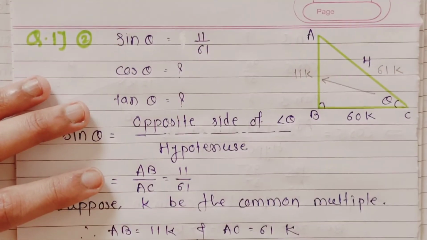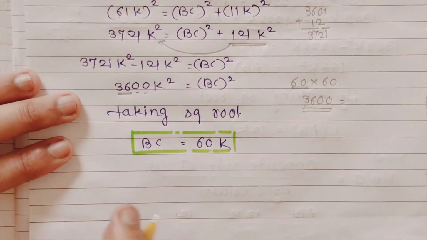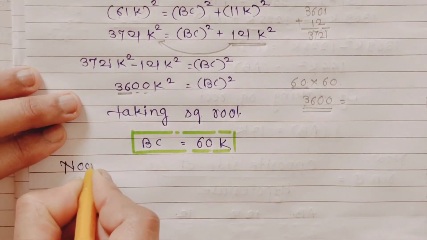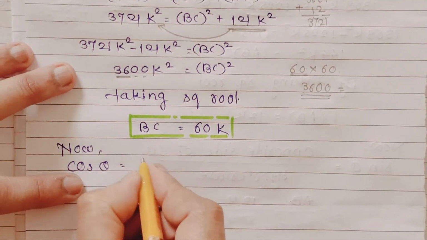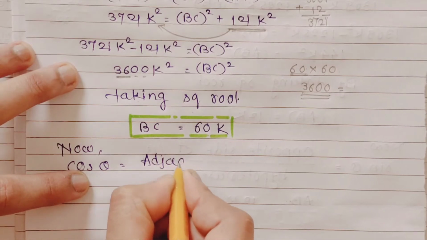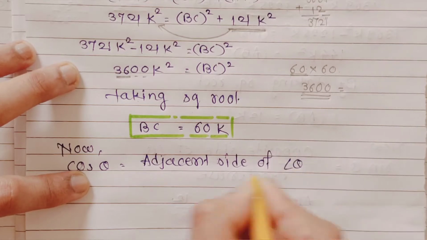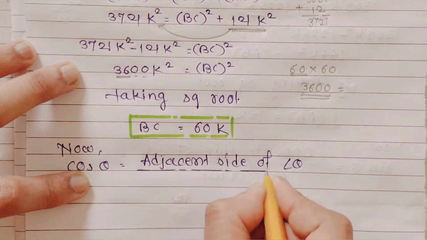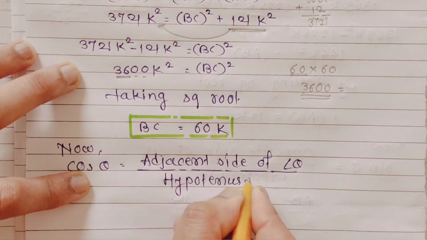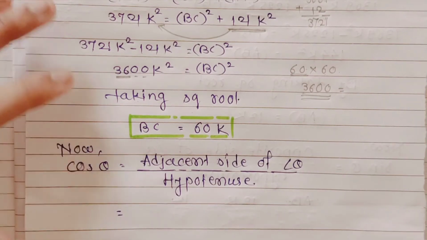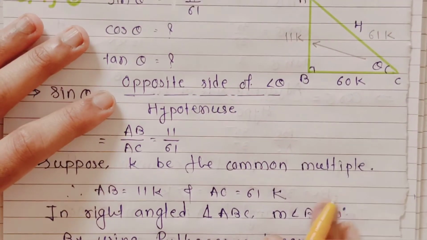Now we have to find out the cos theta. Is it clear? So we can write cos theta. We know the ratio. Cos ratio is equal to adjacent side of angle theta upon hypotenuse. So adjacent side for angle theta, that means BC, upon hypotenuse, that means AC.